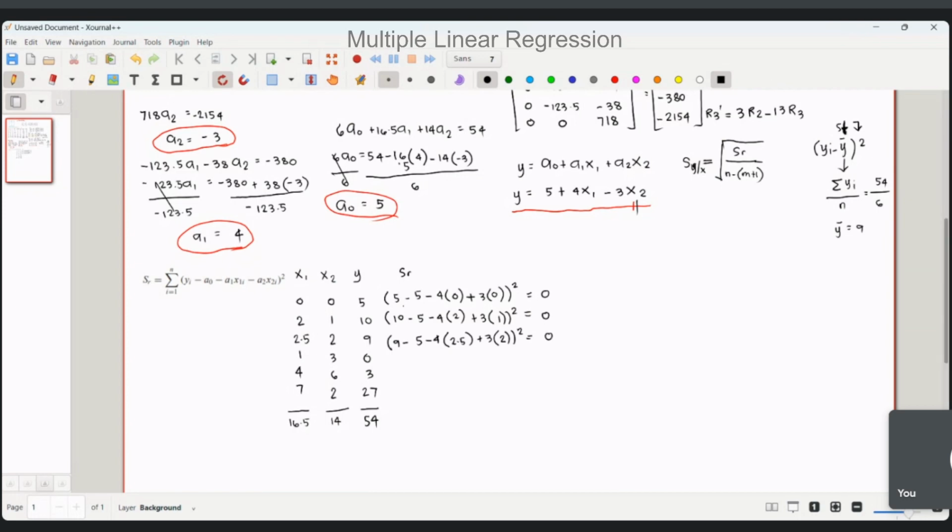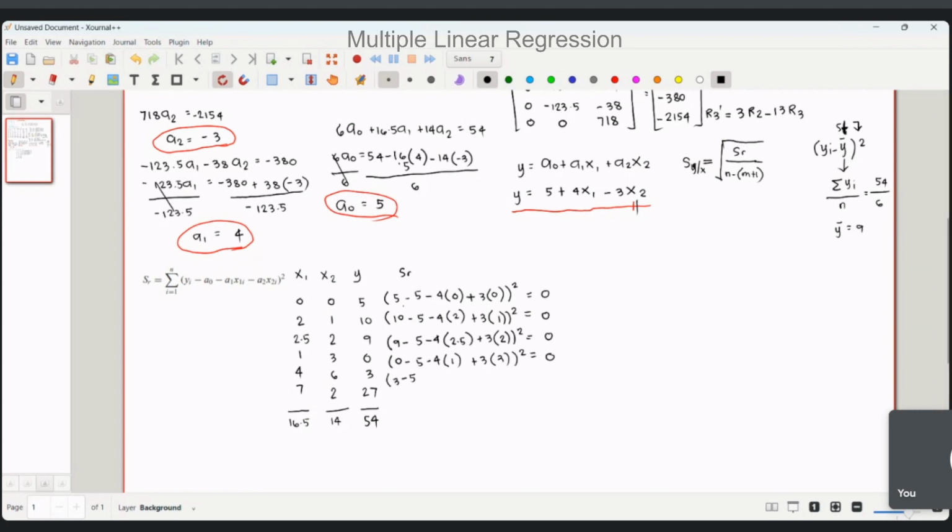Still 0. Next, 0 minus 5 minus 4 times 1 plus 3 times 3 squared. This is minus 9 plus 9, so this is 0.